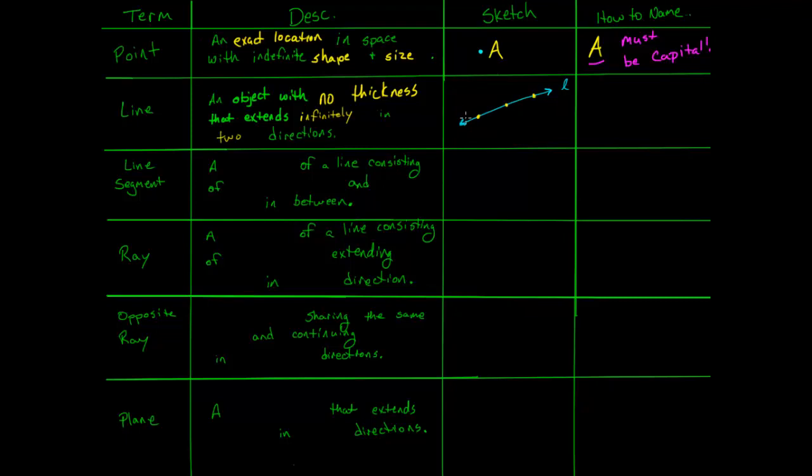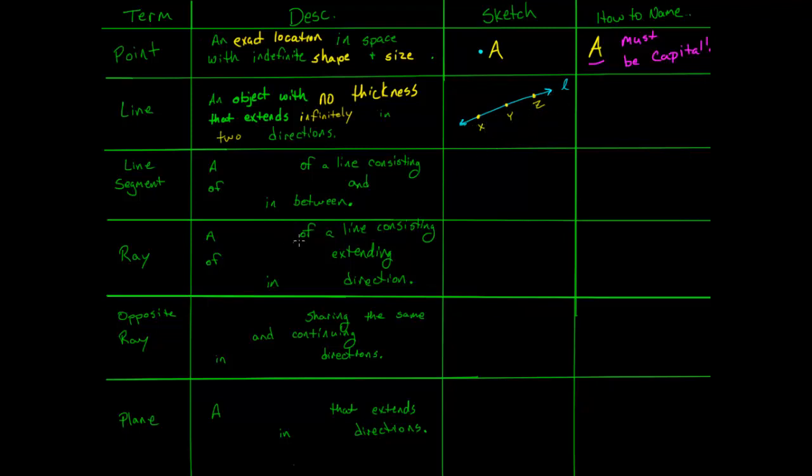Big key thing about a line is if you look at it, it has arrows on both ends. It's not just a straight line that's stopped. You have to have the arrows that show that it's extending infinitely in this direction and in this direction. Now, for the sake of naming, we'll use points X, Y, and that can be a Z.